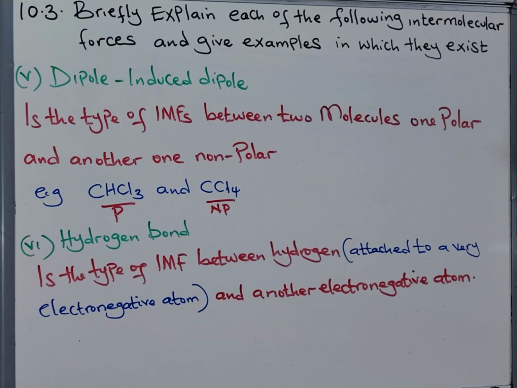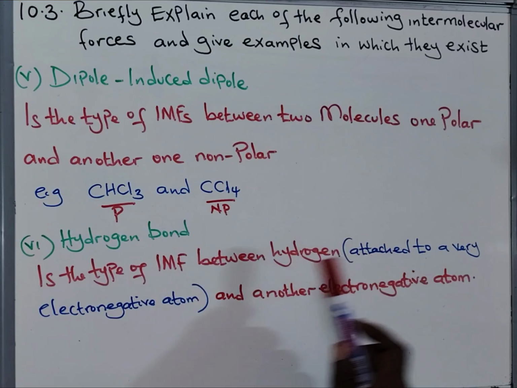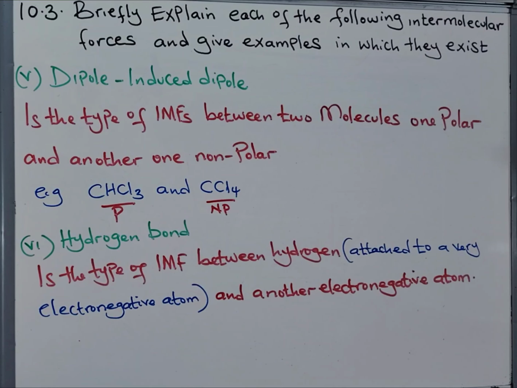The bond is between the hydrogen and another electronegative atom. But this hydrogen must be attached to an electronegative atom.